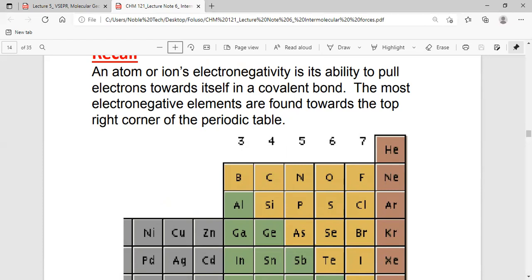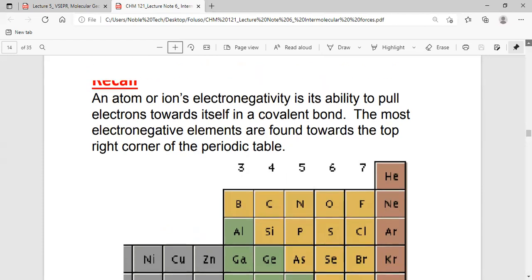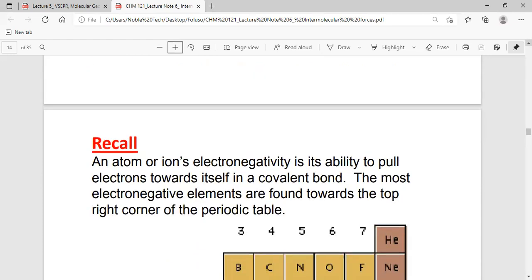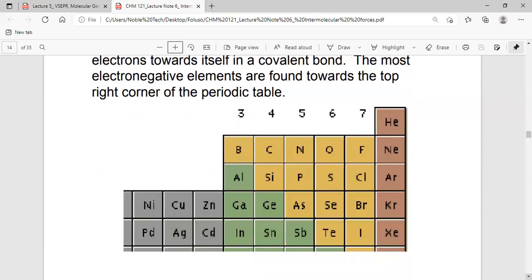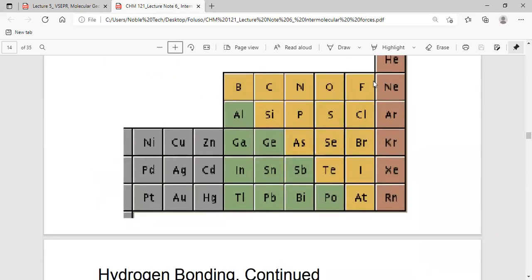So let's quickly recall and probably look at some very key issue. For an atom or an ion, electronegativity is the ability of it to pull electrons towards itself. And we know that it increases as we move across the period and decreases down the group.